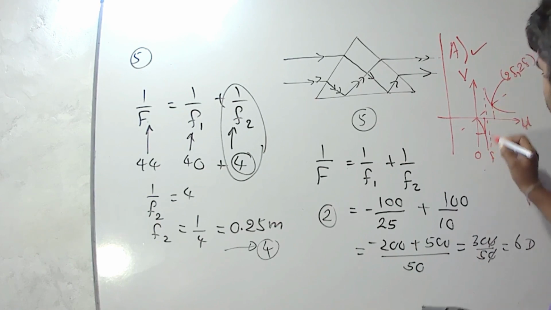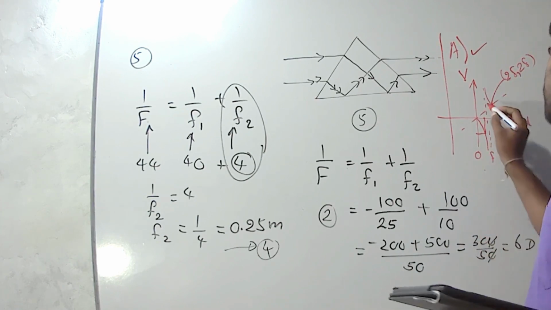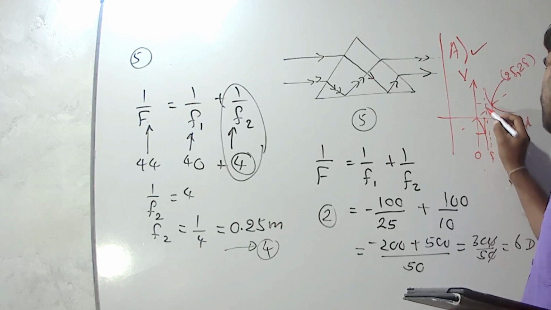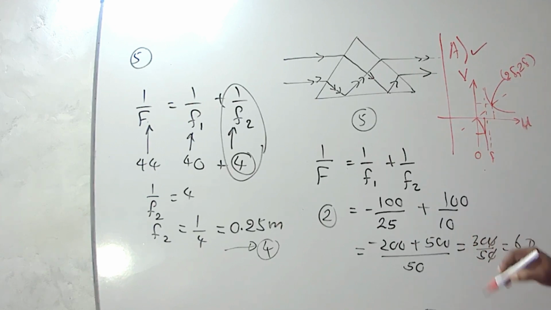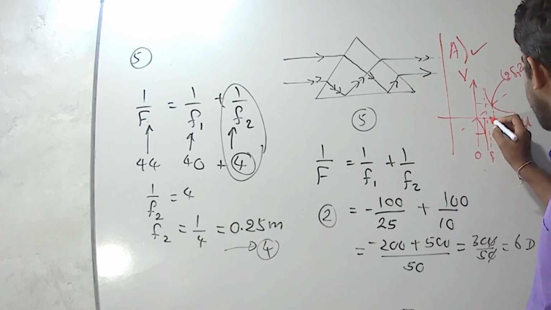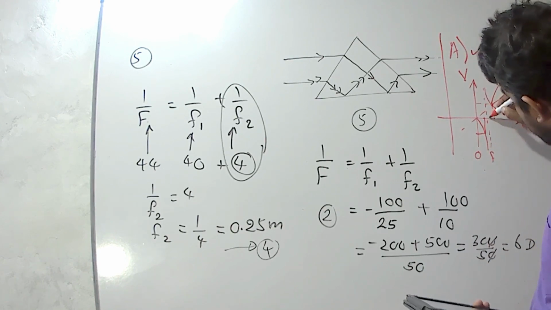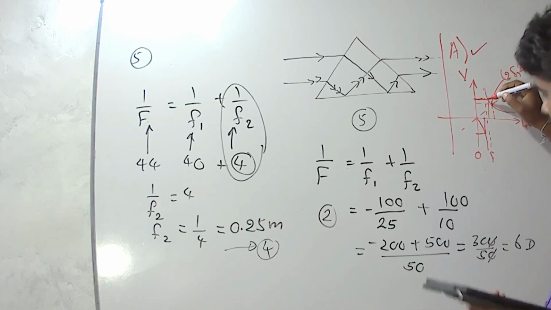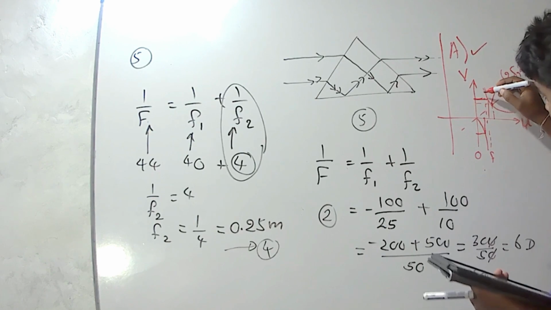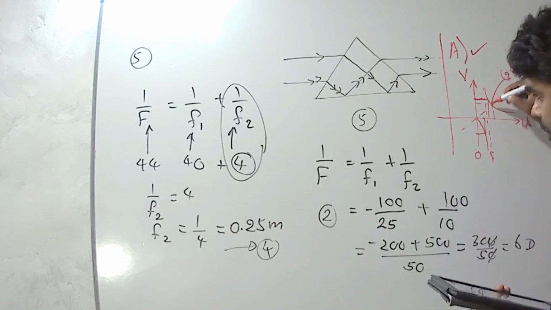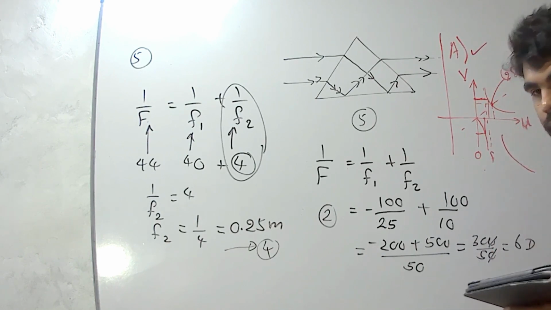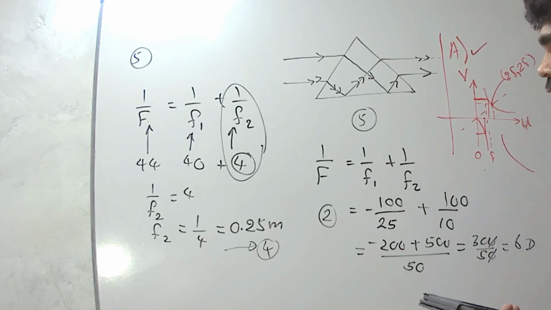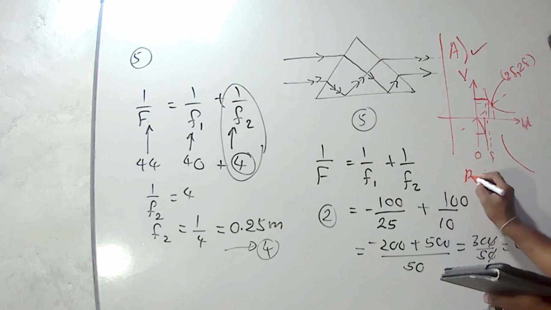The object distance is this value, the image distance is this value. We can observe that the image distance is decreasing. There is a curve like this. Magnification means image distance divided by object distance. It is decreasing. So B is also correct.